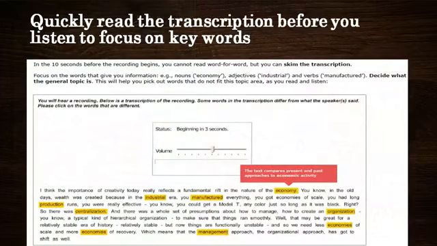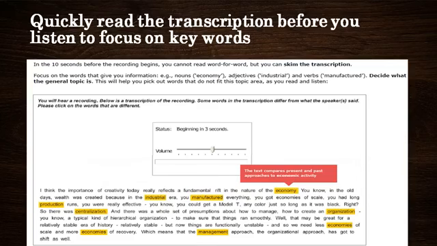Now you should quickly read the transcription before you listen, to focus on keywords. You have like 6 to 7 seconds in which you can quickly read the transcription. And after that, you have to click on the options which are different from the transcript.